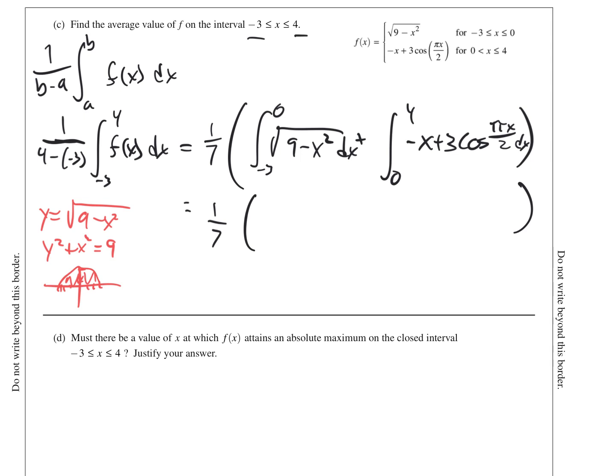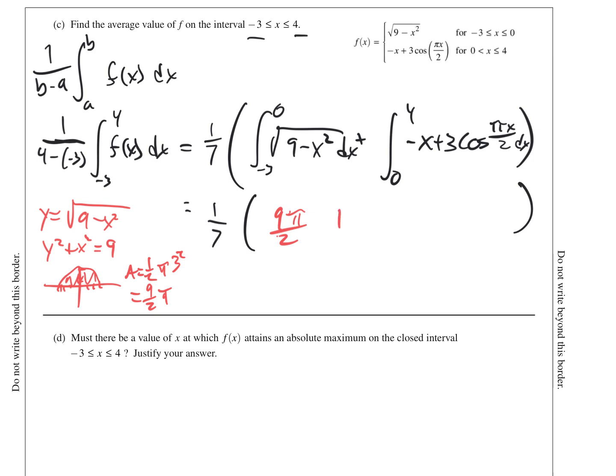Okay, and so we need to find the area of that. Okay, so we're being tested here to find out that an integral is area. So this is half of a circle, and so the area is half of pi times 3 squared. So that's 9 halves pi, or 9 pi over 2 if you want.